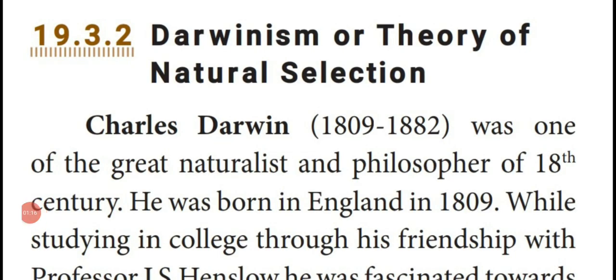Dear students, see the topic Darwinism or theory of natural selection. So this theory of natural selection was proposed by Charles Darwin, 1809 to 1882. He was one of the great naturalists and also a philosopher in the 18th century.